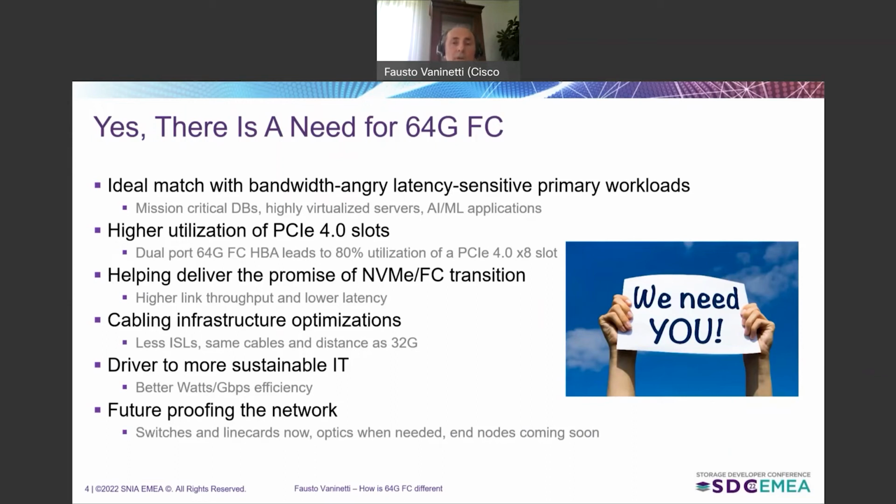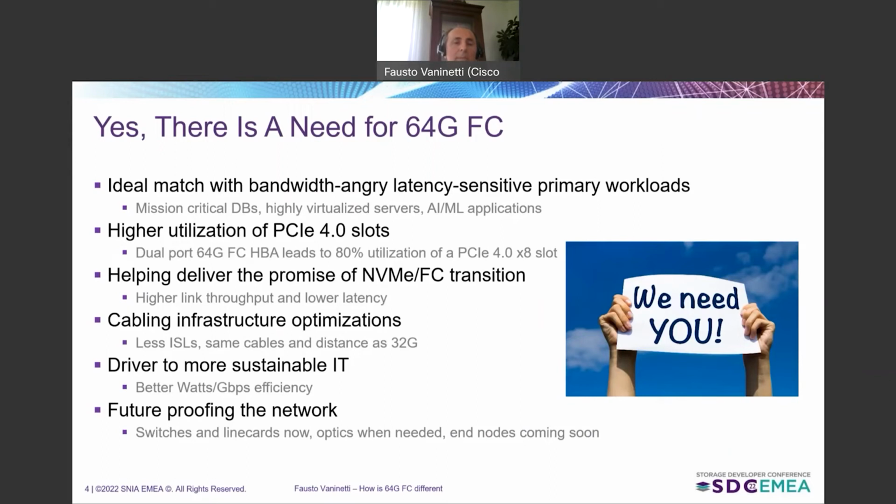By offering higher bandwidth, higher throughput, and lower latency, 64 gig Fibre Channel is also the ideal friend for NVMe over Fibre Channel. So if you are moving to this new protocol, it comes pretty natural for you to consider 64 gig Fibre Channel as your preference.